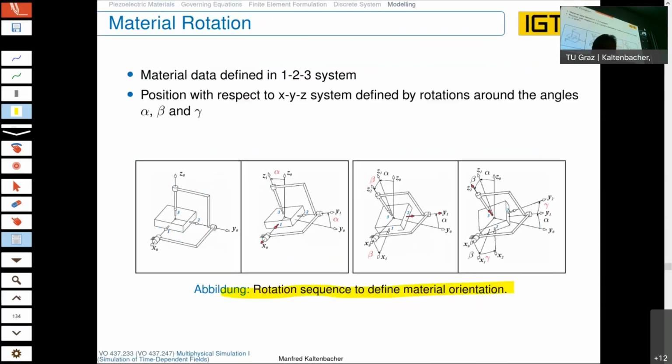Okay, so you see that we can model piezoelectric materials quite nicely from what we already know, the electrostatic field and the mechanical field.